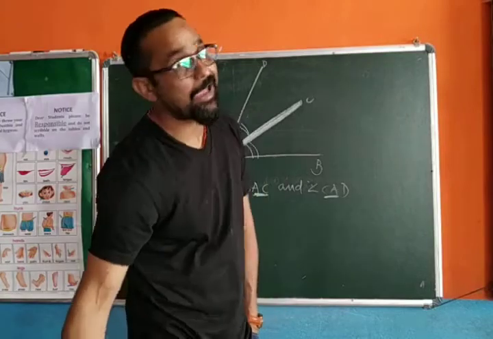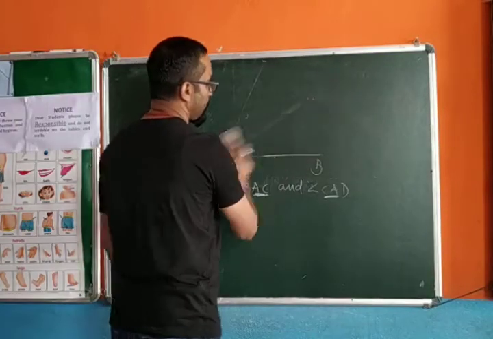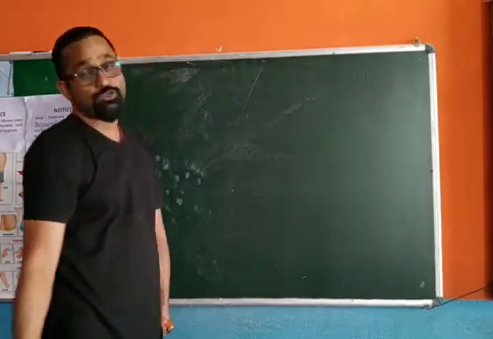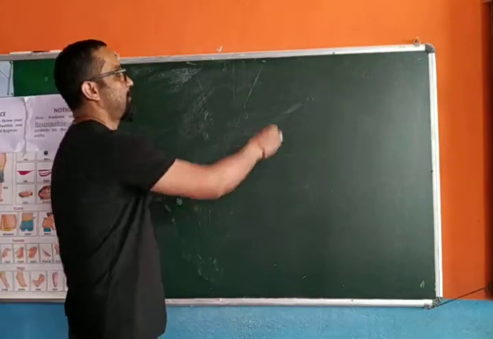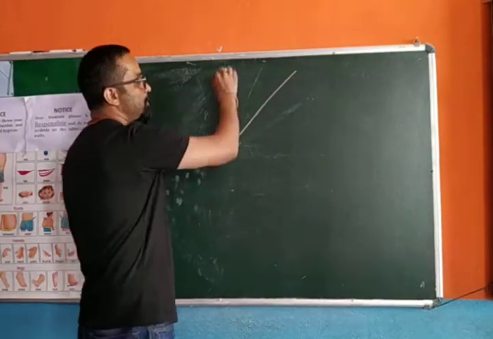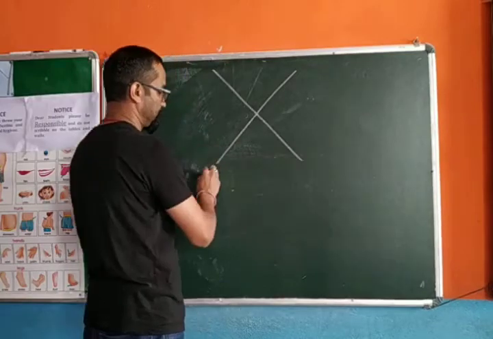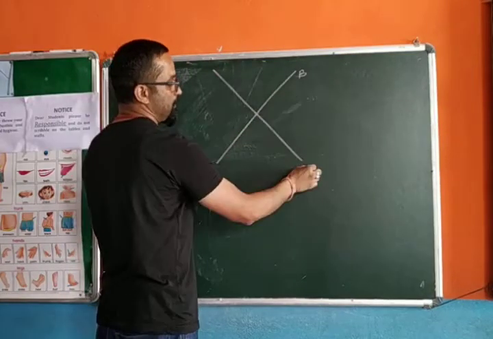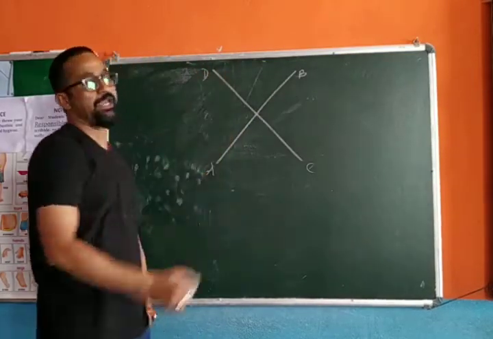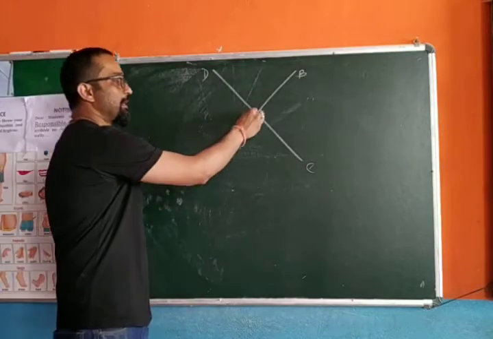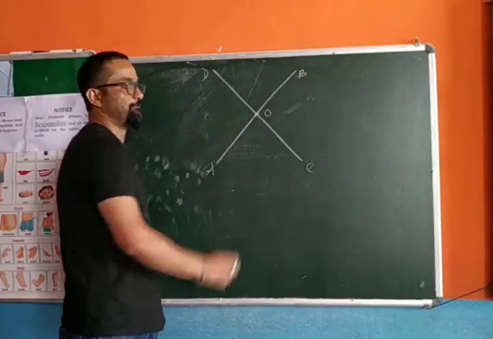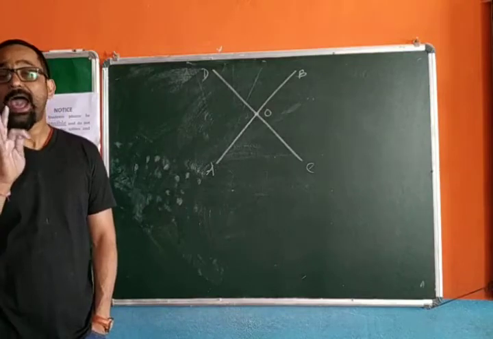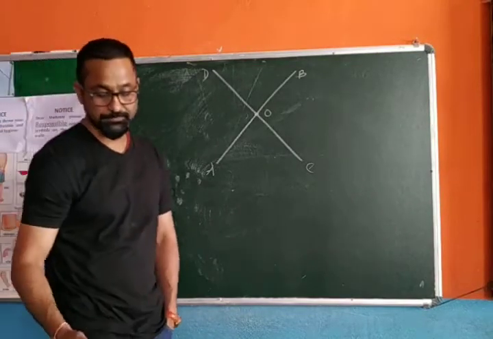Vertically opposite angles. When 2 straight lines intersect each other at a point, AB, CD are 2 straight lines. They are intersecting each other at a point. 4 angles are formed.